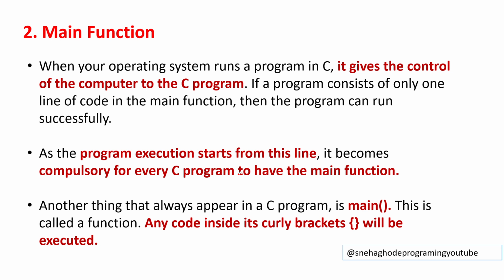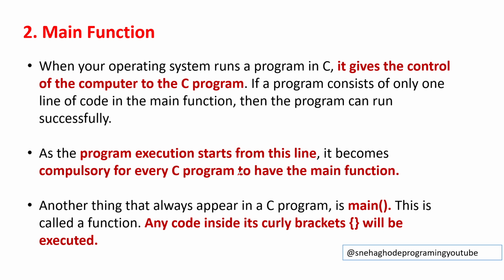Then as the program executes, execution starts from this line. It becomes compulsory for every program to have the main function. As I already told, we have a compiler. What is a compiler? The compiler converts the higher level language to the machine level language, that is binary language. From where does it start converting?